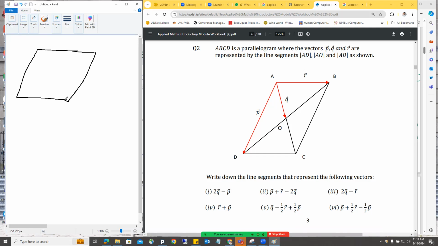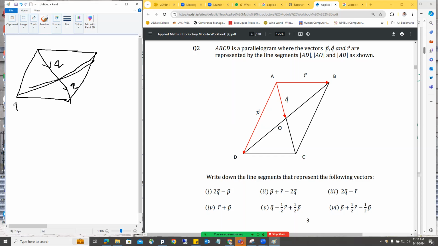This is a parallelogram, and here we have the Q. These two, AO and OC, are equal in magnitude, right? In a parallelogram, the diagonals intersect equally, right? So here this is Q and this one is also Q.